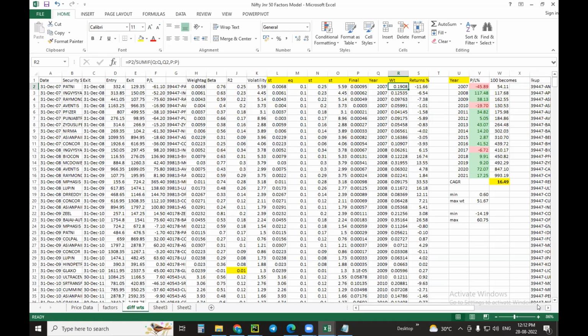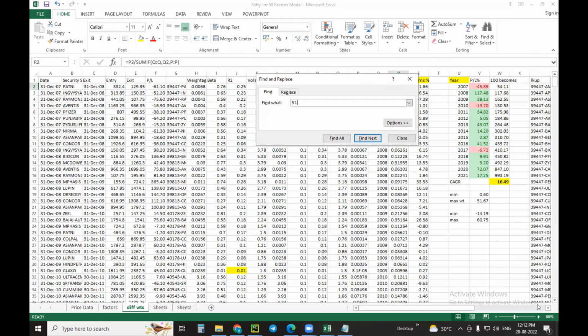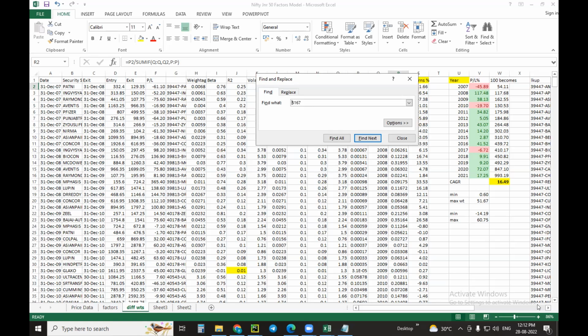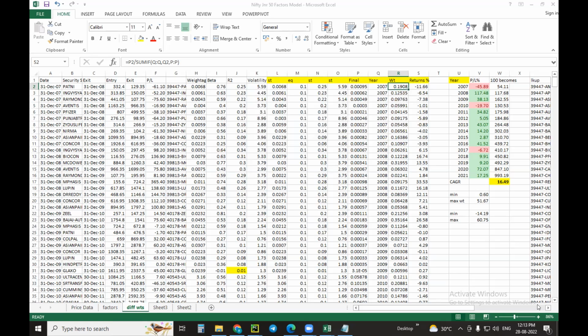Okay. You can check which year it has gone to 51%, where the weightage is 51%. No, you can't find it like that. Close. No, you won't find like that.